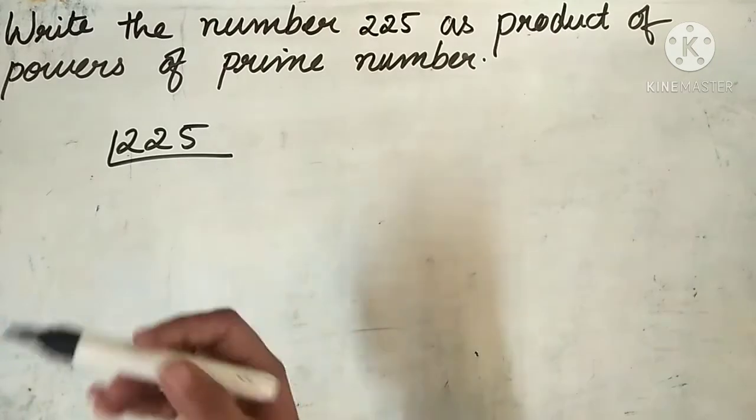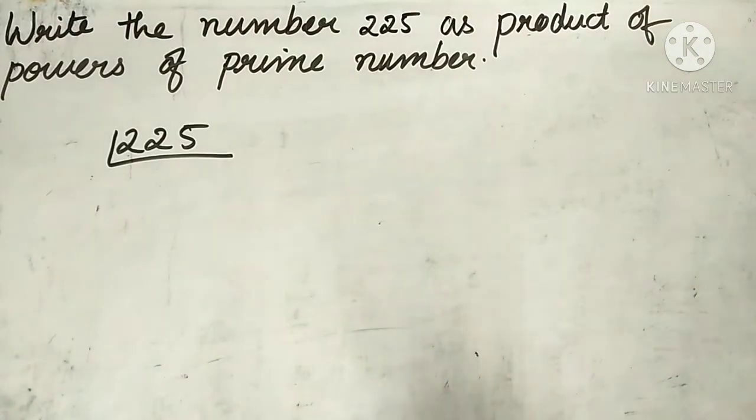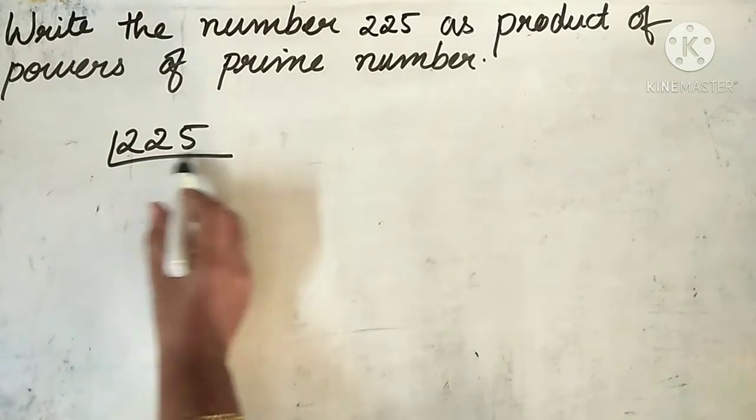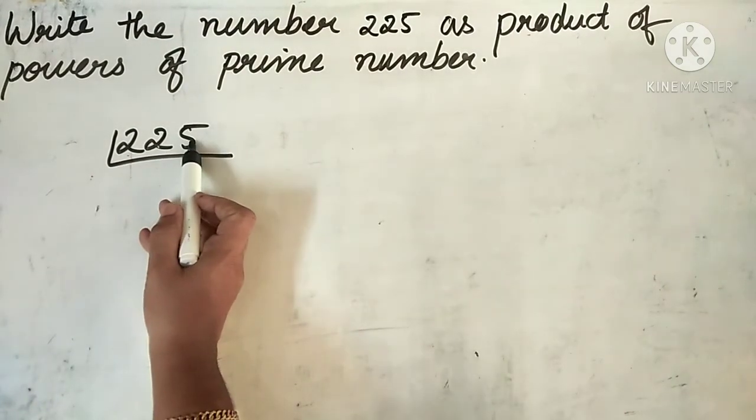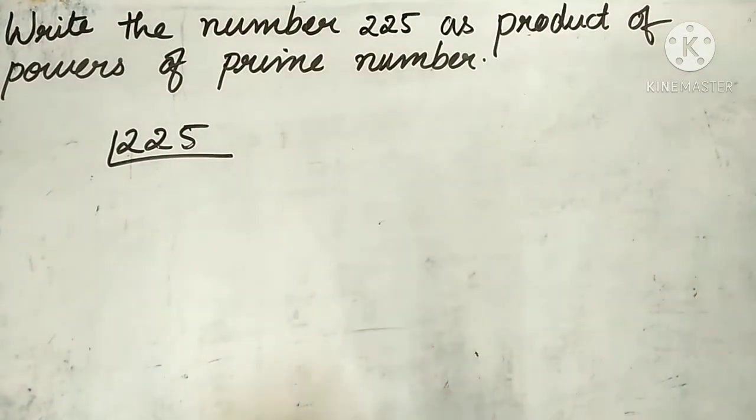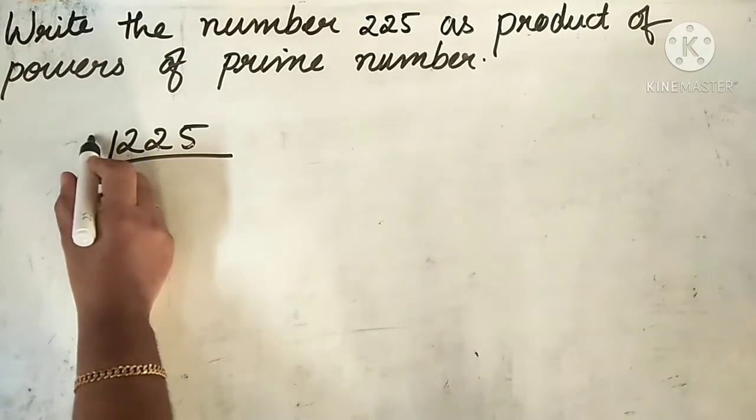When the last digit is 0, 2, 4, 6, 8, it is completely divisible by 2. So we take the next number, 3. How will we check? We add the digits: 2 plus 2 is 4, 4 plus 5 is 9. 9 is divisible by 3, so this number is also divisible by 3. Let us divide and see.